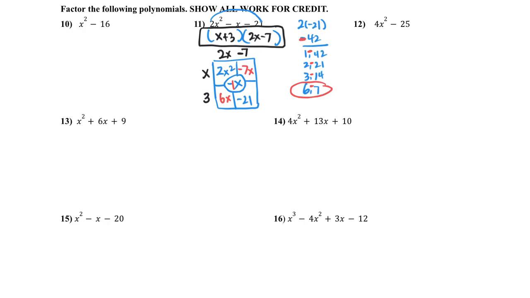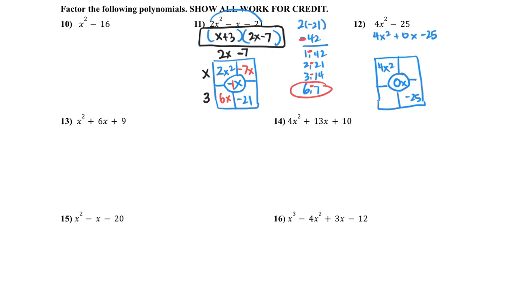Looking at number 12, I do not have a trinomial, but I can think of it as a trinomial, so I can still do the box method. So this would be 4x squared plus 0x minus 25 if it's in standard form. And so I can still think of this in my graphic organizer of a box. 4x squared, 0x in the center, and minus 25 down here.